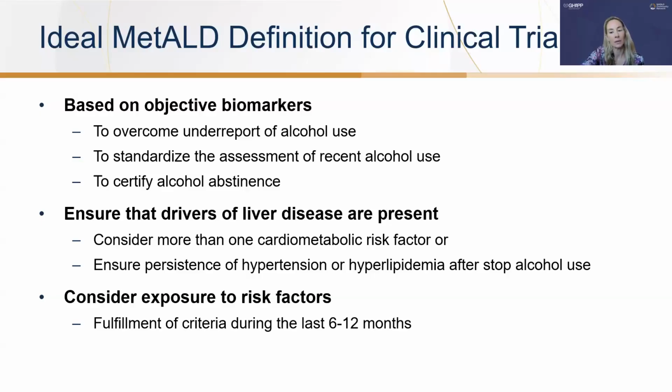But really, these trials, ideally, we want to include patients who meet criteria for MetALD, because as we've talked about, these are the patients that are at even higher risk of progression of their liver disease and are at risk for worse outcomes.